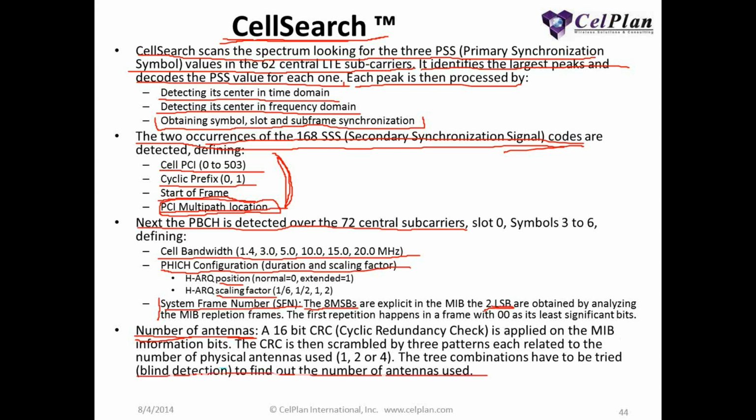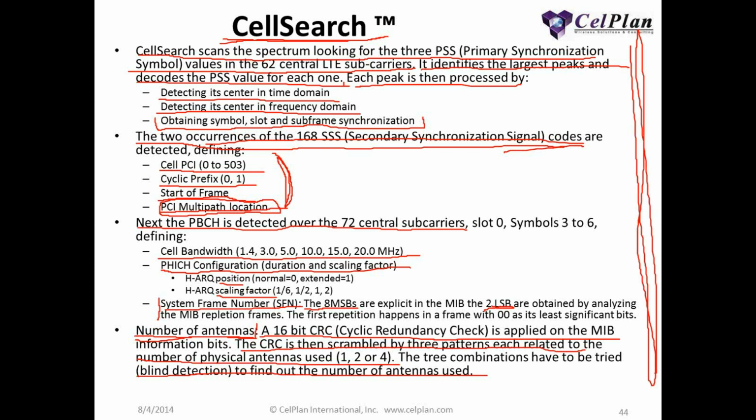So that's what CellSearch does, and your device also does the same thing, and it's then able to identify the number of PCIs, or the cells, that are providing signal at every single point.